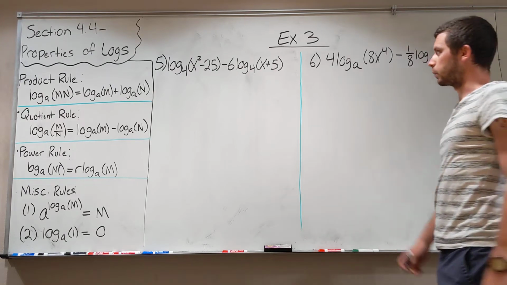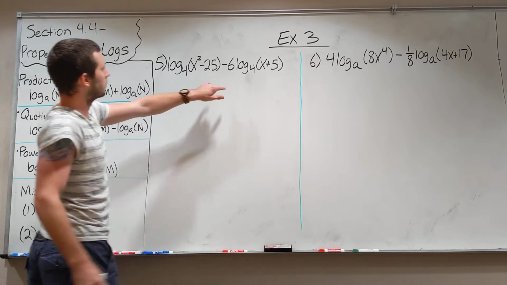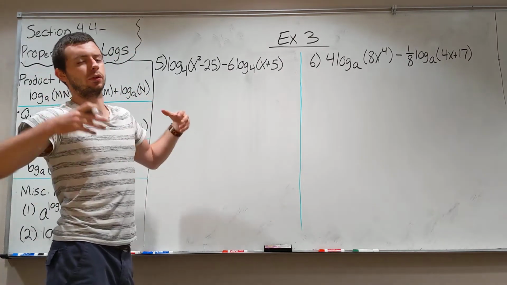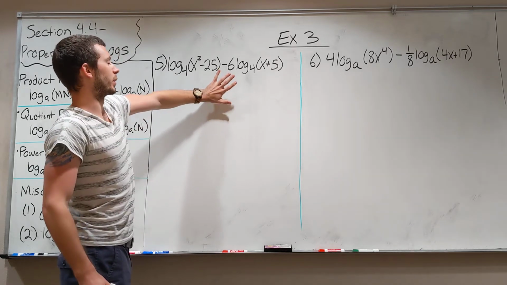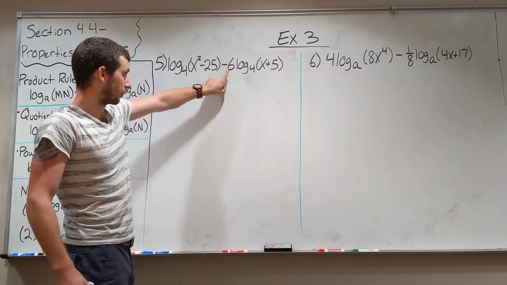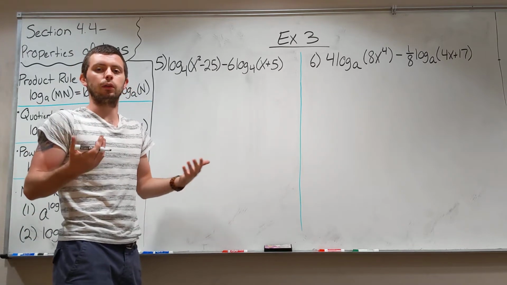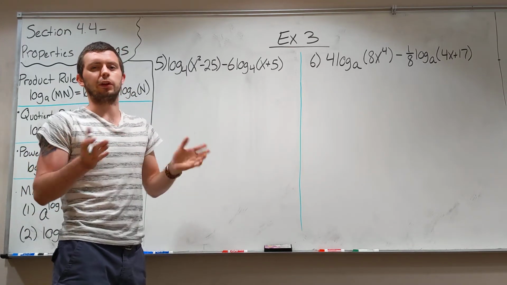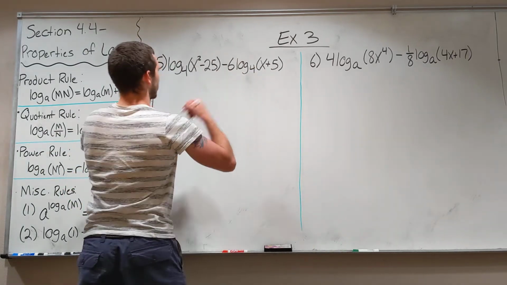So finally, for example 3, we're going to look at these two, and we'll start off with this one. And again, we want to combine everything as a single logarithm. We can't do that immediately here because that 6 is getting in the way. We don't want any numbers in front of the logarithm. We don't want any coefficients ultimately. So we're going to move all of those as exponents.